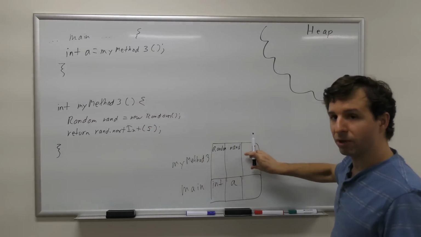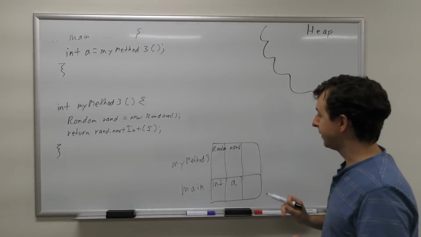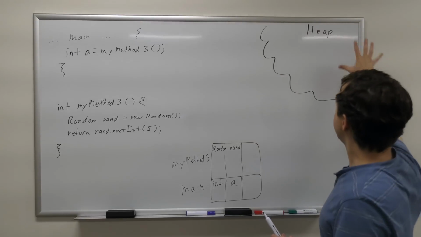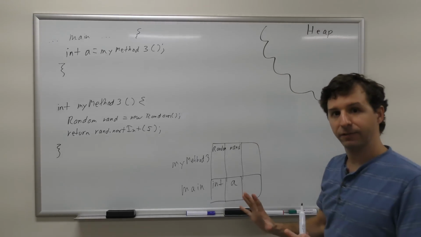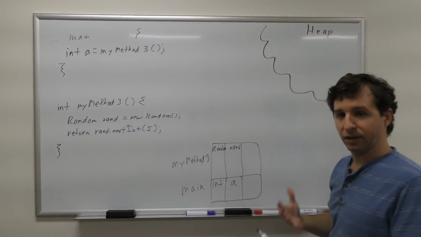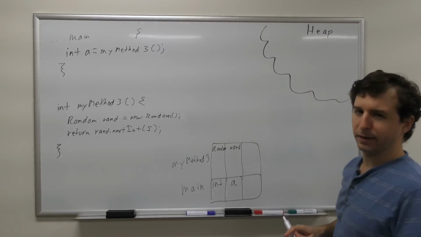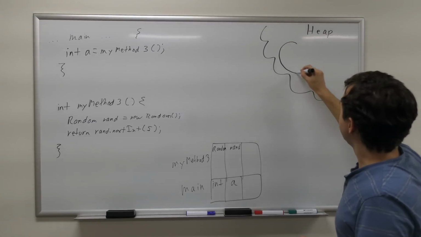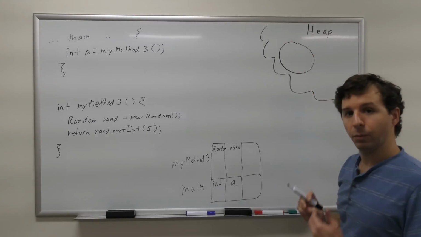The objects don't go in the stack, not in Java. They go in the heap. The heap is another area of memory that is distinct from the stack. You can think of it as unorganized, and that's why I've tried to make it look like a cloud or so here. But this is where all the objects are allocated, where they live.